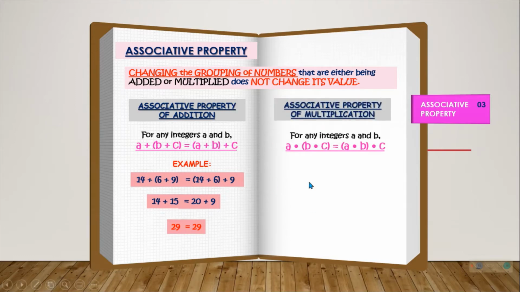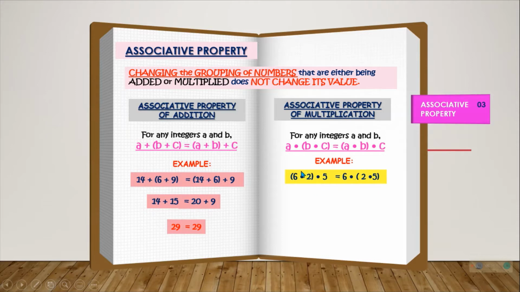Next, in multiplication, for any integers a, b, and c, a times quantity b times c is equal to quantity a times b times c. So dito, ang magkagrupo si b at saka si c, sa kabila si a at saka si b. Example, 6 times 2 times 5 is equal to 6 times quantity 2 times 5.